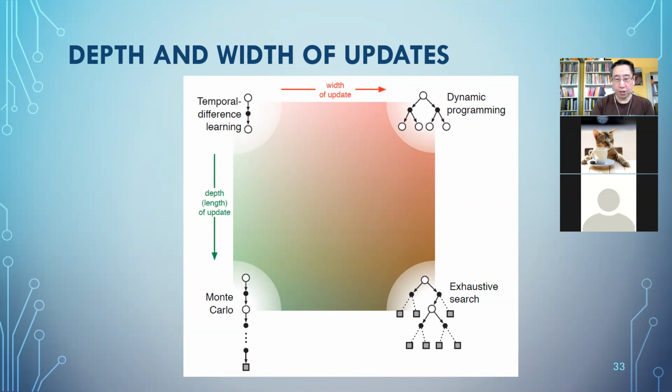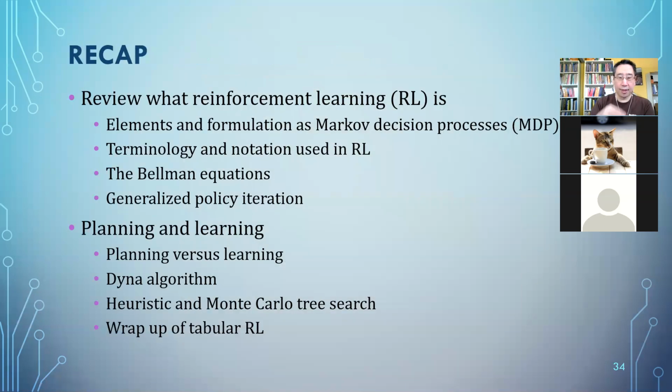All right, so that basically is our session for today. We did a quick review of how we're formulating these RL problems. Then we differentiated planning, using simulated interactions with a model, versus learning, using interactions with the real environment. We looked at the Dyna architecture, and then talked about different ways we can tweak and improve it.